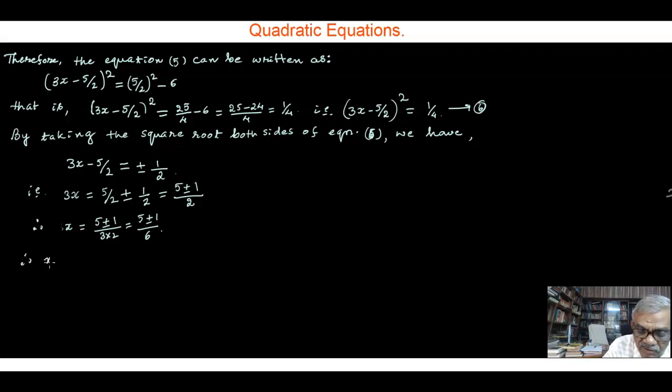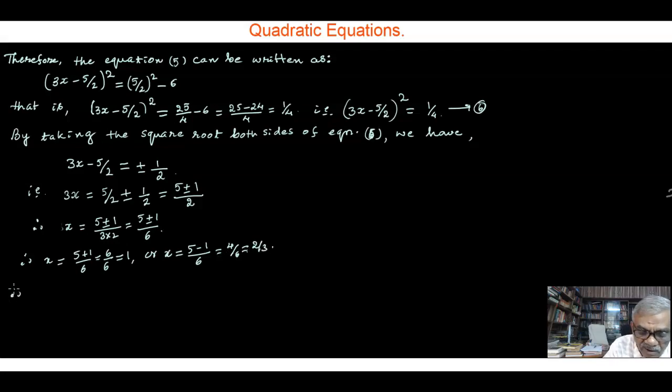Therefore x is equal to 5 plus 1 by 6, that is 6 by 6, which is 1, or x is equal to 5 minus 1 by 6, which is 4 by 6, that is 2 by 3.